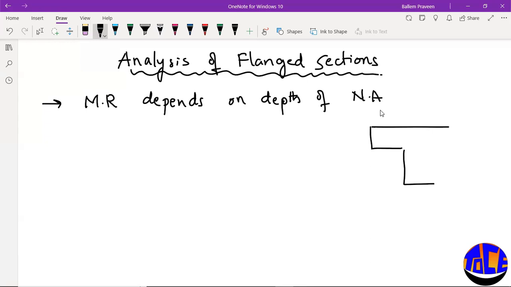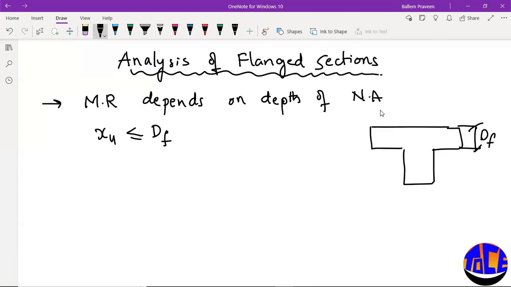For a T-beam, you will be having a flange section and web. If the neutral axis is existing in the flange, that means xu is less than or equal to df, the depth of flange, so the neutral axis is existing in the flange.